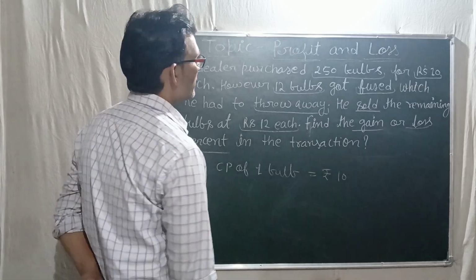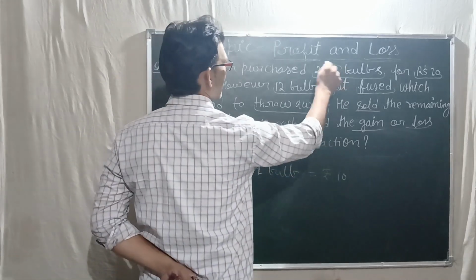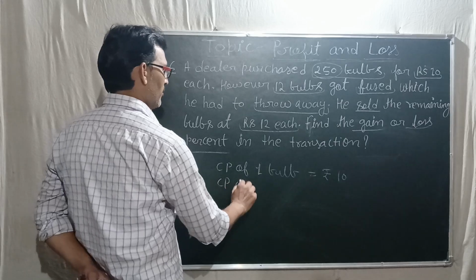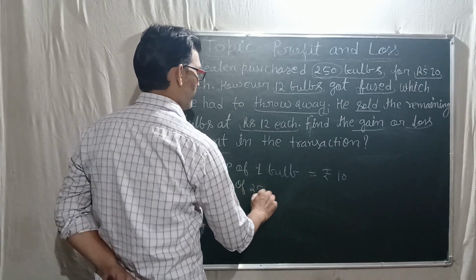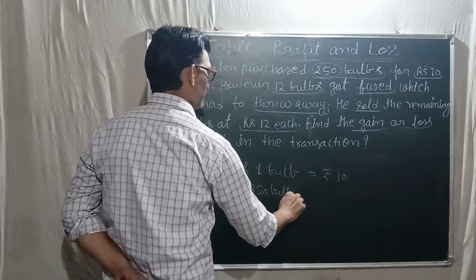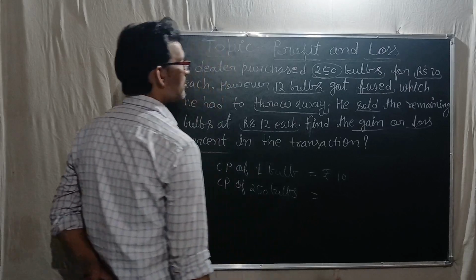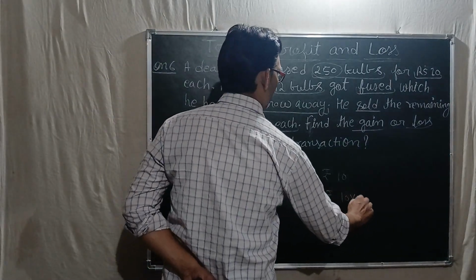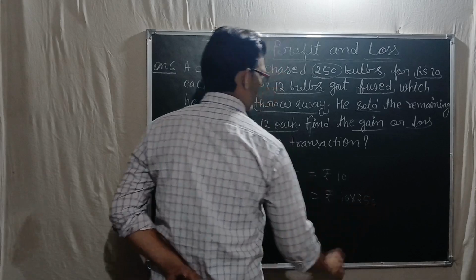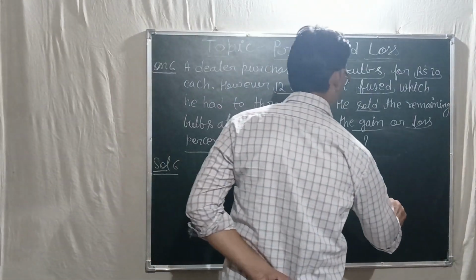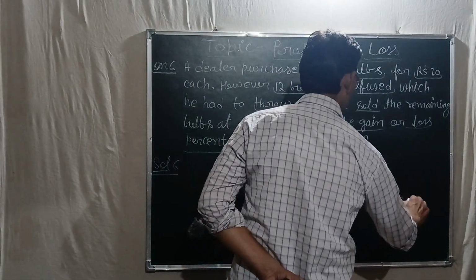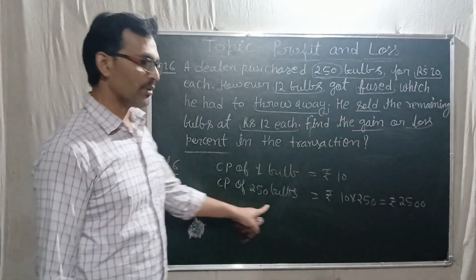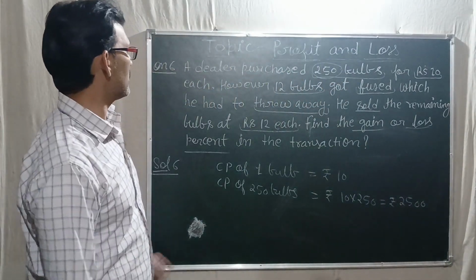So we have to find the CP of 250 bulbs. CP of 250 bulbs equal to 10 into 250, you will get 2500 rupees. This is the CP of 250 bulbs.